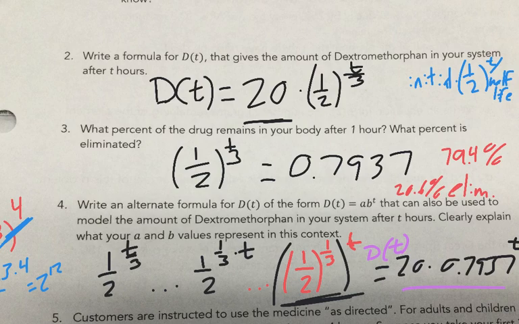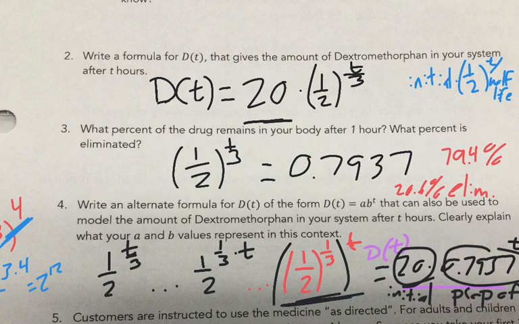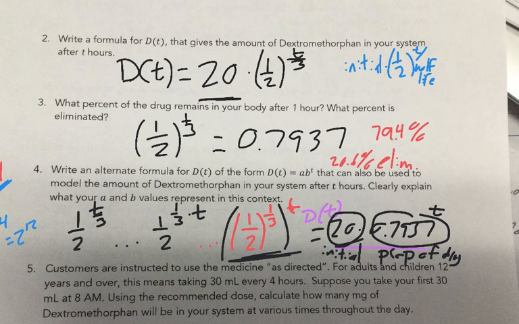So what do each of these represent in terms of the model? So what's the A value? 20. This is our initial amount of dextro. It's our y-intercept. What does the 0.7937 represent? That's the proportion of the drug that remains each hour. The proportion of the drug remaining each hour.